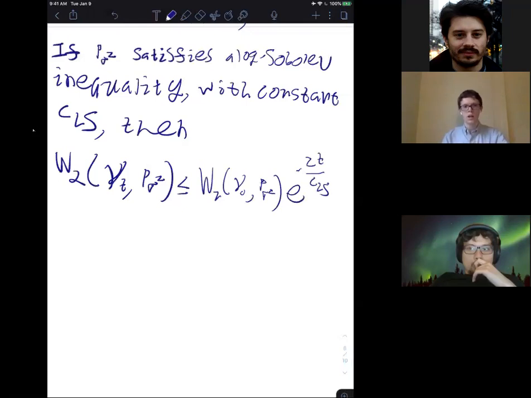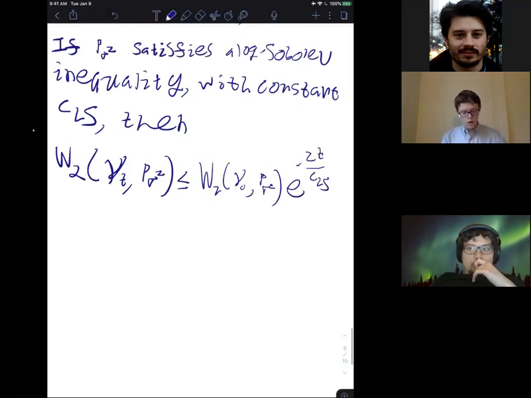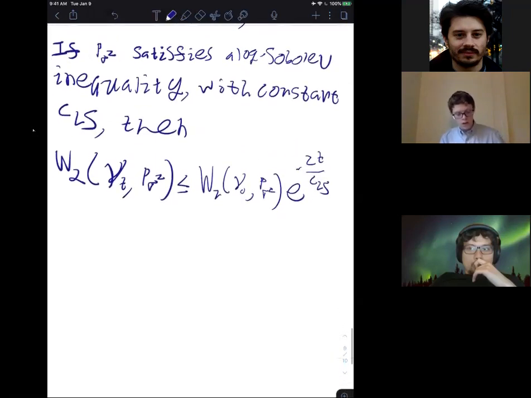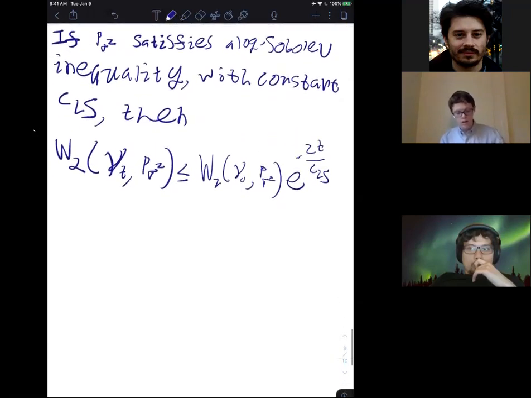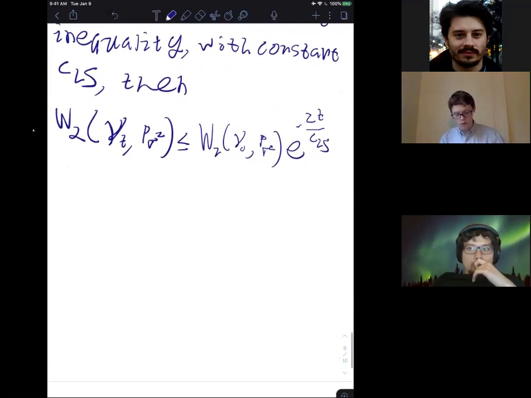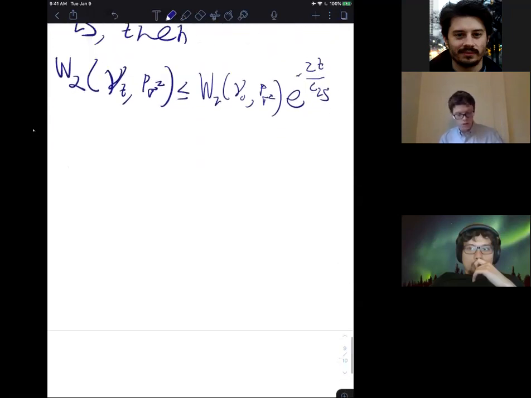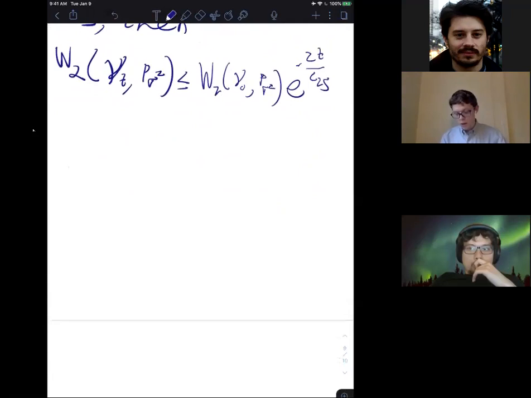And the key point is that we need to bound this log Sobolev constant. I can go into more detail if you want, but I don't want to spend a huge amount of time on that. The key point noted, I think from a paper by Cattiaux and some other people, is the relation between dissipativity and log Sobolev constant bounds.